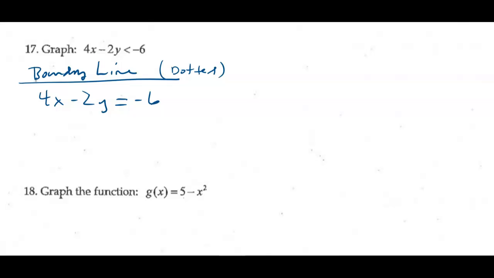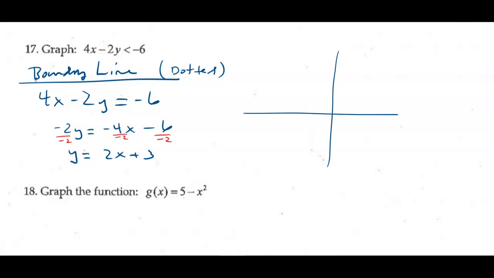Let's do slope-intercept form. Slope-intercept form would look like this. Move the 4x over, divide everything by negative 2. It gives me 2x plus 3. I just divided everything by negative 2, after moving the 4x over. All right, so when I go to graph that, my y-intercept is at 0, negative 3.